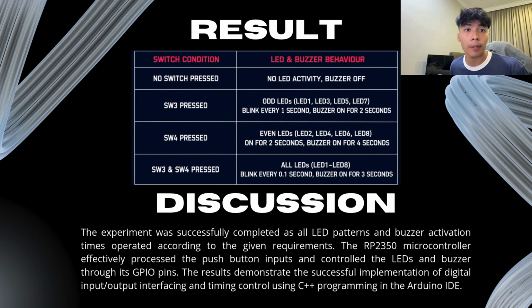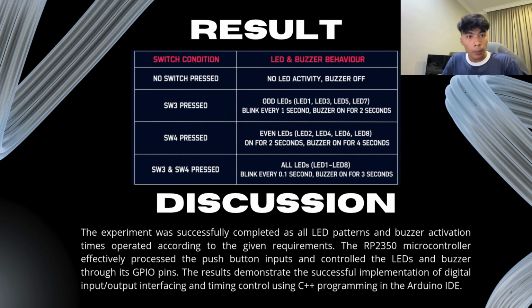Hi, my name is Daniel, and I would like to continue with discussion and result. First, I would like to explain the result regarding our experiment. There are three conditions, but we wrote four. First, there is no condition, which is no switch was pressed, resulting in no LED activity and no buzzer activated.